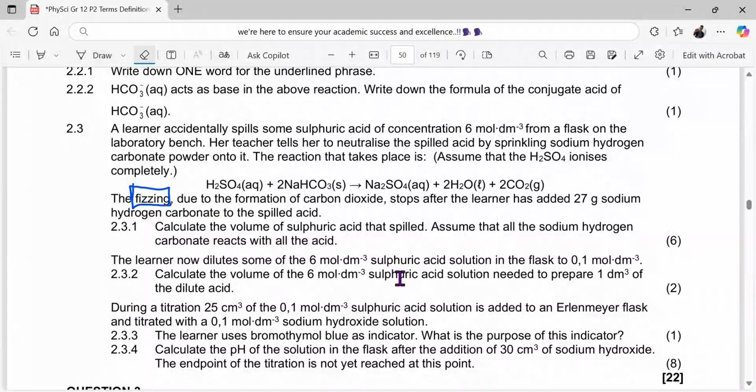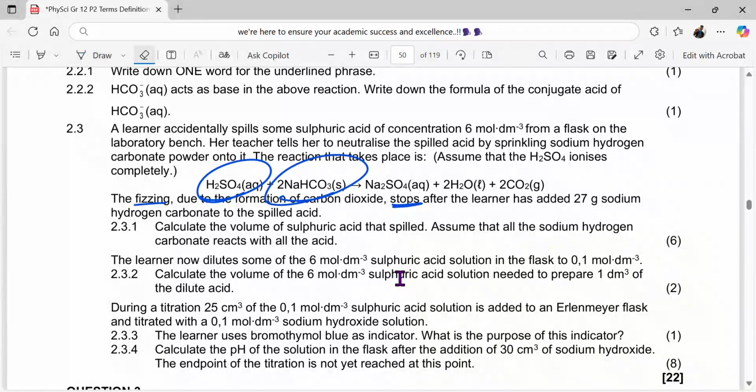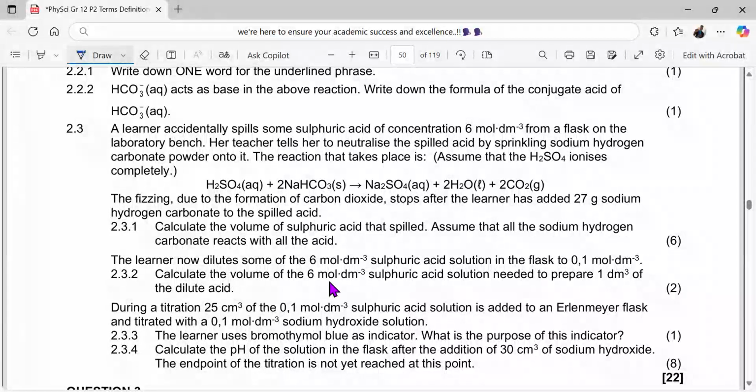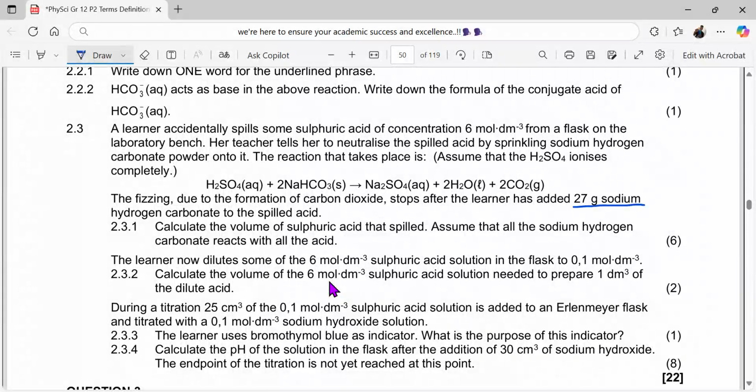Yeah, it's something like that. So when that fizzing stops, it indicates that the reaction between sulfuric acid and sodium bicarbonate has actually reached completion after the learner has added 27 grams of sodium hydrogen carbonate to this spilled acid.